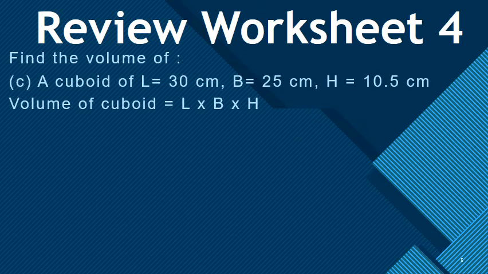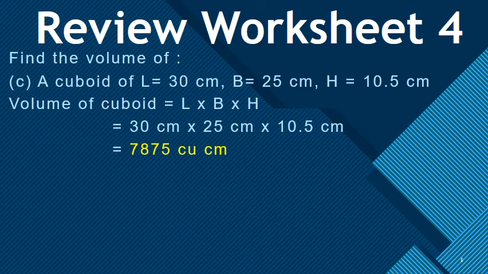So, now we will put the value of L, B and H, and what do we get? 30 centimeter multiplied by 25 centimeter multiplied by 10.5 centimeter, which is equal to 7,875 cubic centimeters. So, this is the volume of the cuboid of length equal to 30 centimeter, breadth equal to 25 centimeter, height equal to 10.5 centimeter.